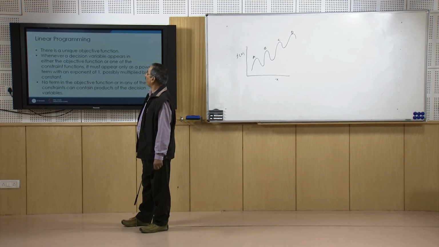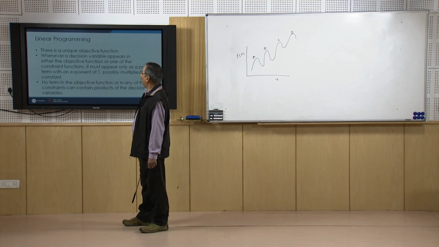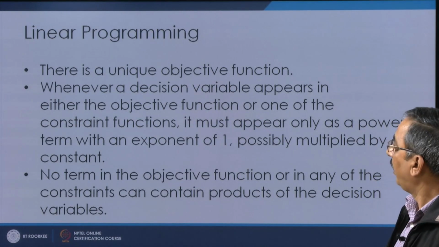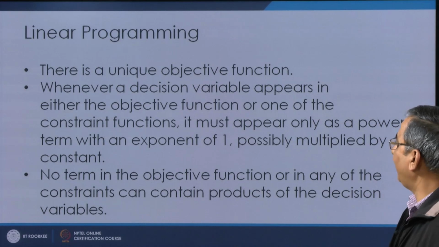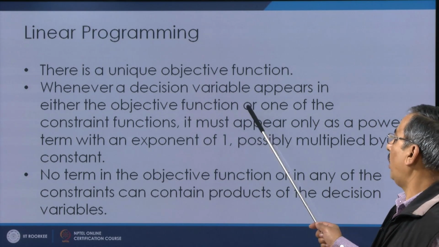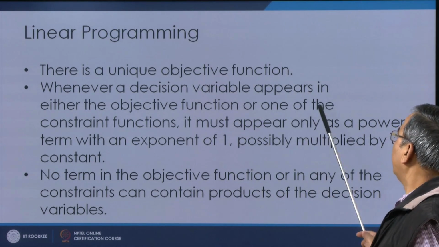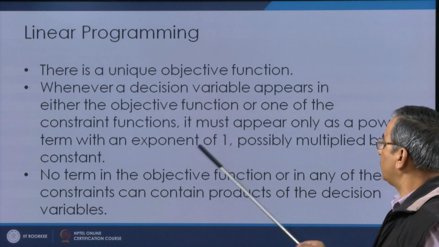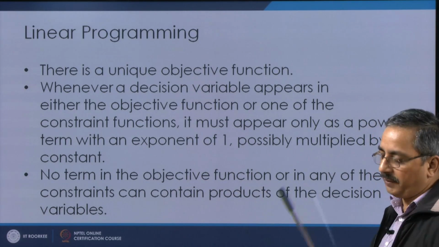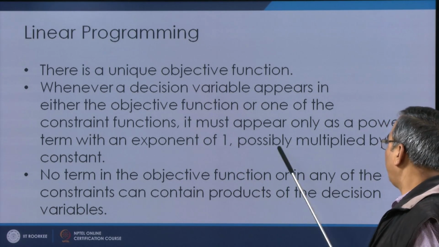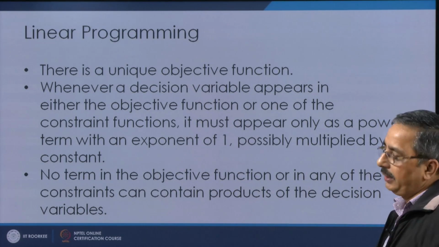In the linear programming problem, there is a unique objective function, and whenever a decision variable appears either in the objective function or in one of the constraint functions, it must appear only as a power term with exponent of 1, that is, it should be linear and possibly multiplied by a constant.